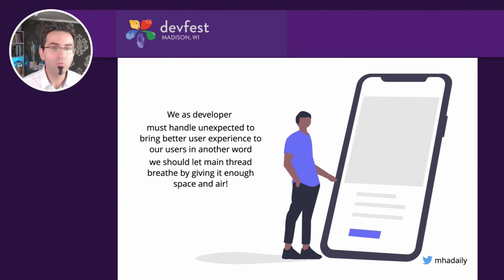We as developers are responsible for doing such things. So we need to let our main thread have enough space and air to run the task. And if there's not enough space, we need to use other tools or other APIs or other threads to relieve these tasks from the main thread to that other thread, right?